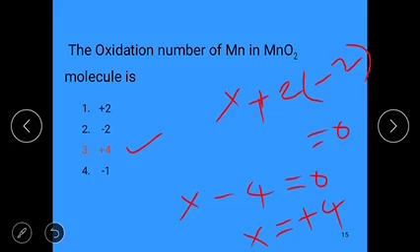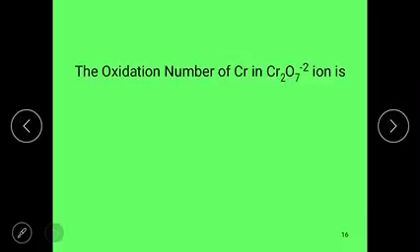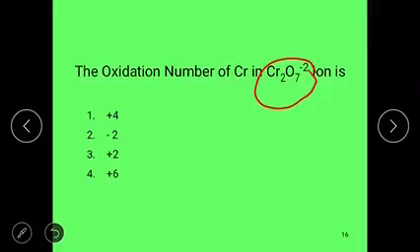Next one is the oxidation number of chromium in the dichromate ion: plus 4, minus 2, plus 2, plus 6. Let us assume the chromium. It is an ion, formed by two atoms, that is, two chromiums are there.